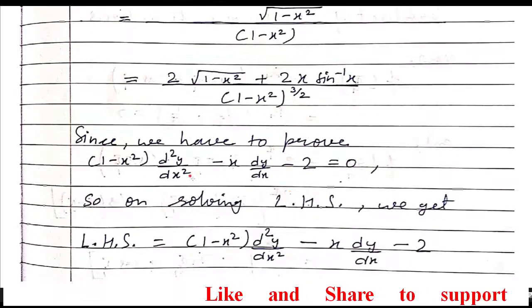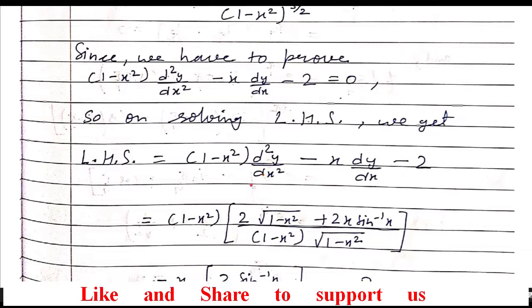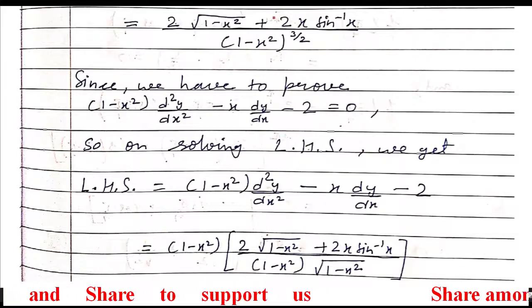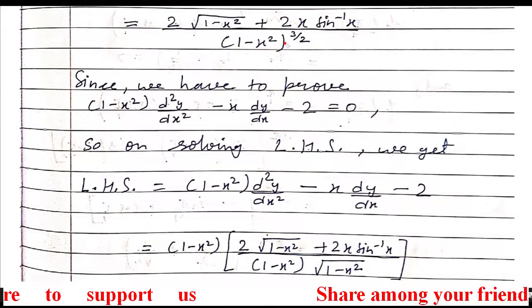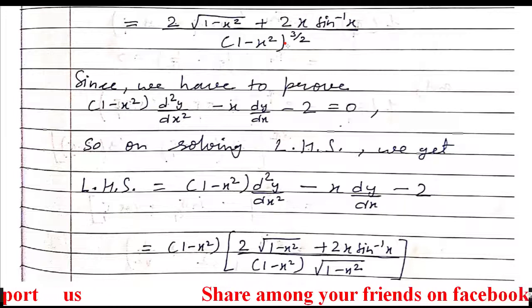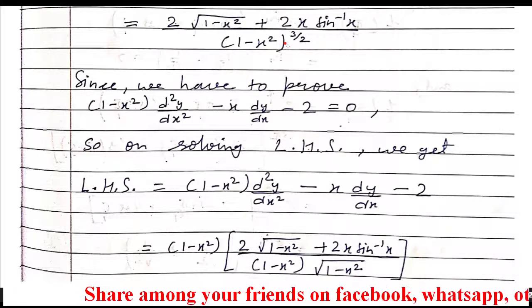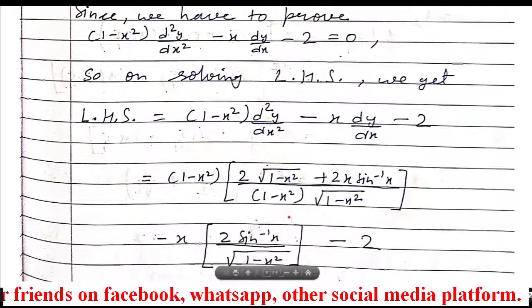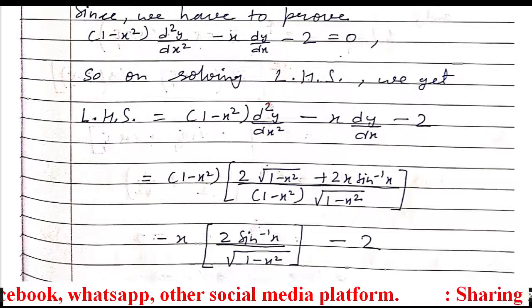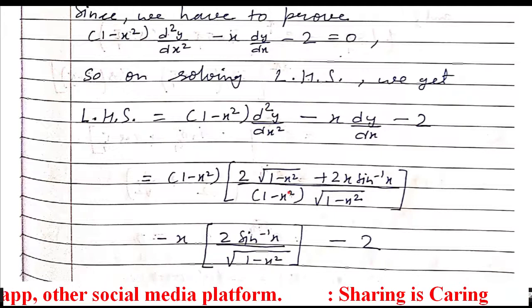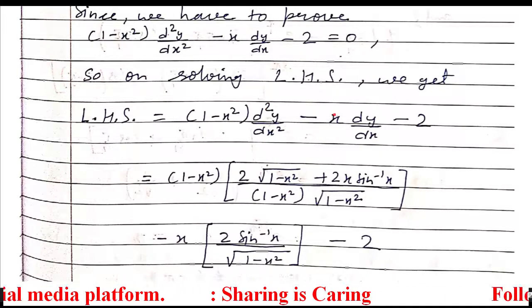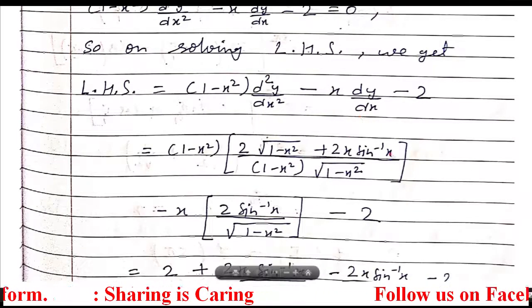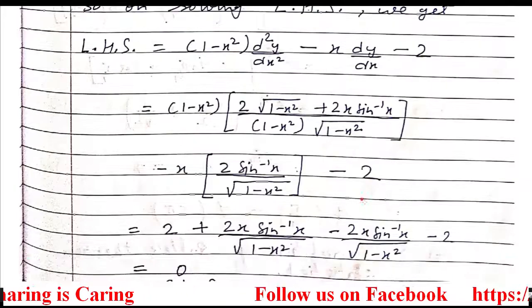Now in the required result, we substitute the second order derivative. This is 3 upon 2, so this 3 upon 2 you just write as 1 plus half. So here you will get like this. Substitute the second order derivative value here, then minus x, then the first order derivative value here, and then this minus 2 as it is.